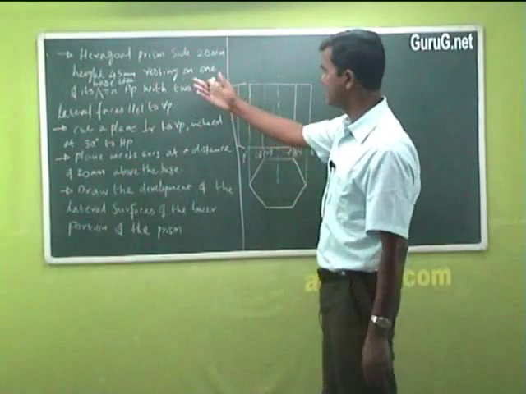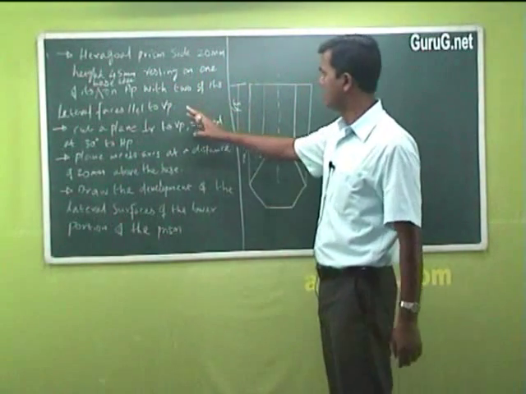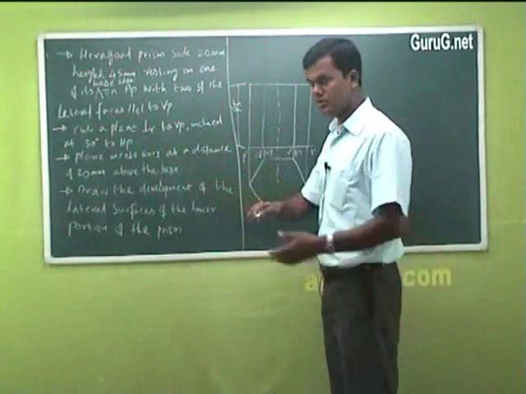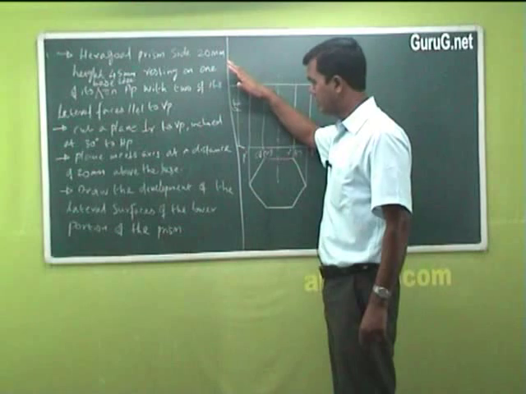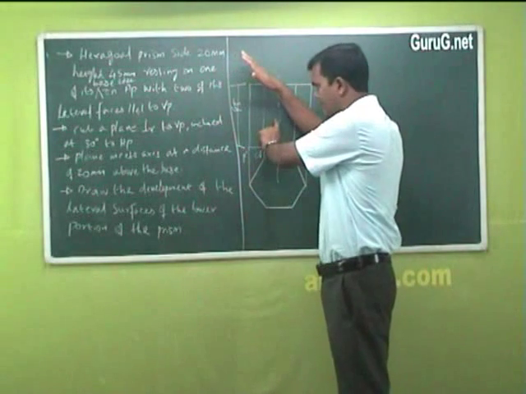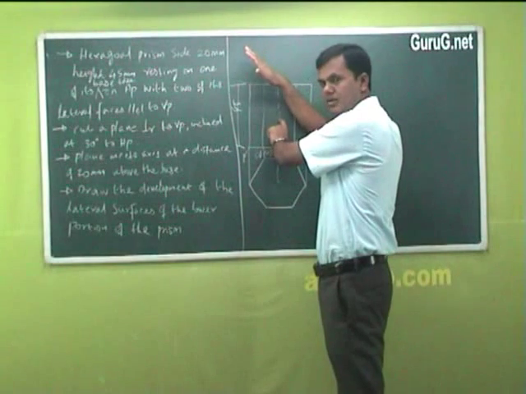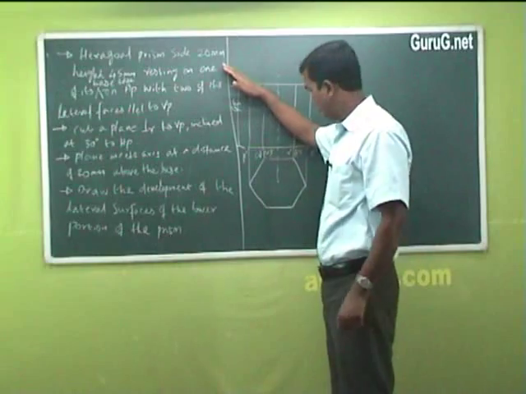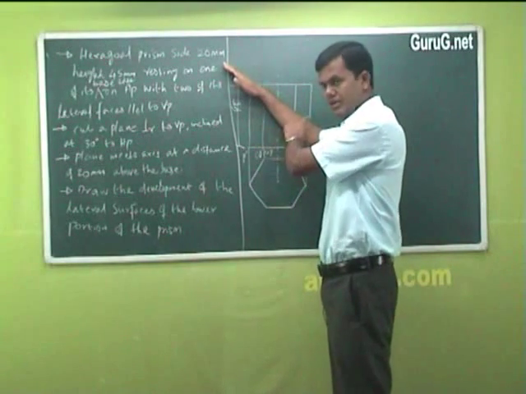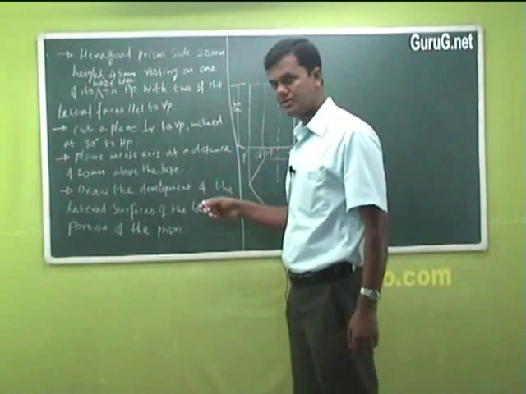At that point, at that height, you should fix a cutting plane, the section plane, and show the inclination as 30 degrees. That is very easy because you have already done many problems like that.